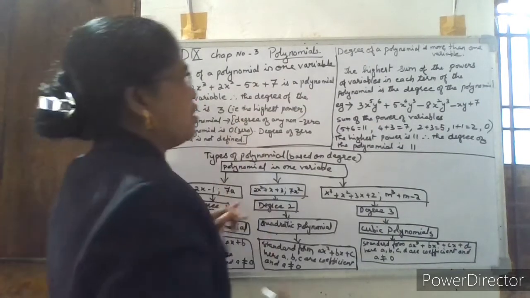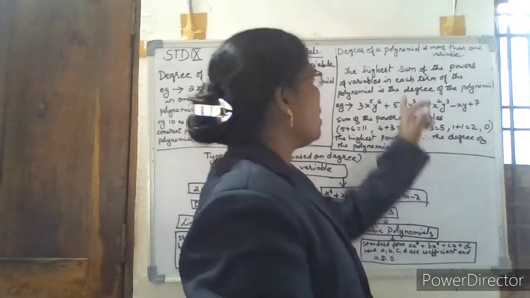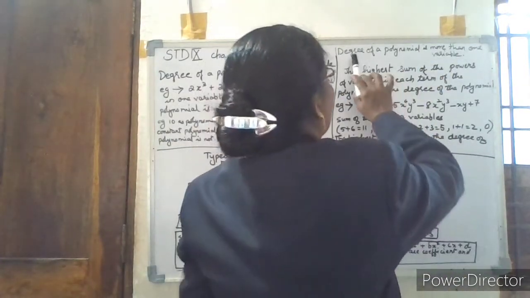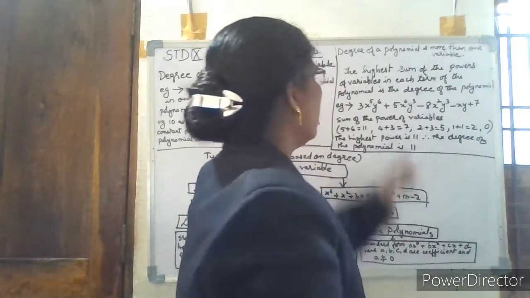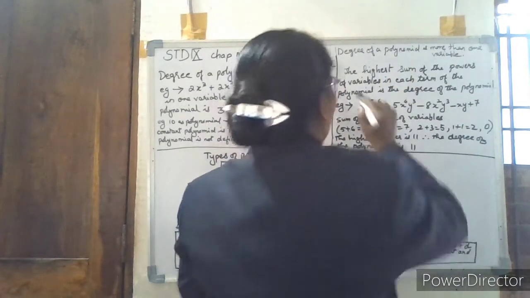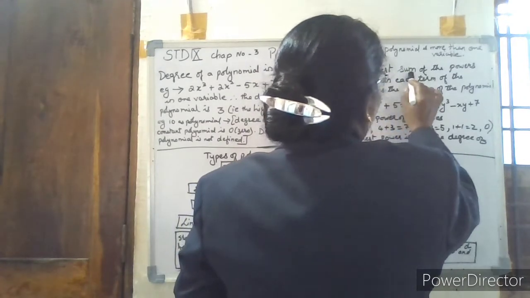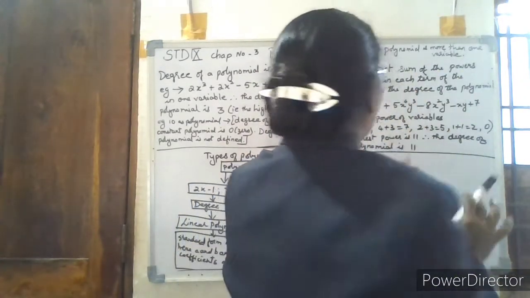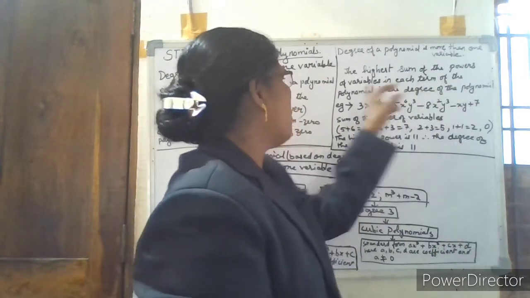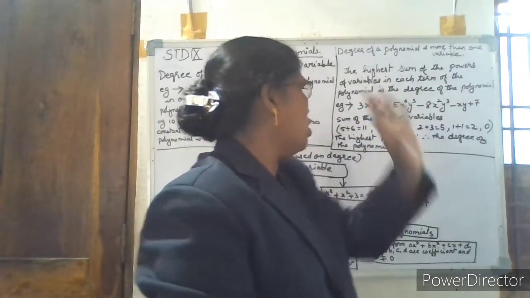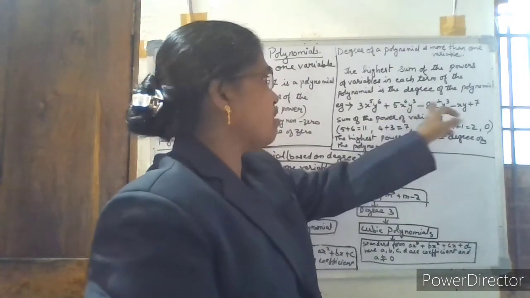Now, if the polynomial has more than one variable, what is the degree? In more than one variable, the highest sum of the powers of the variables in each term of the polynomial is the degree of the polynomial. In an example you will understand it better.